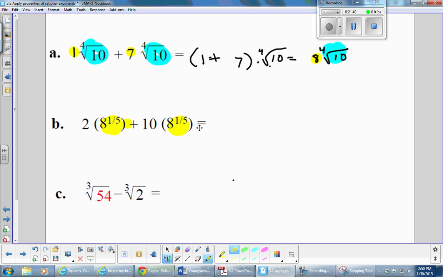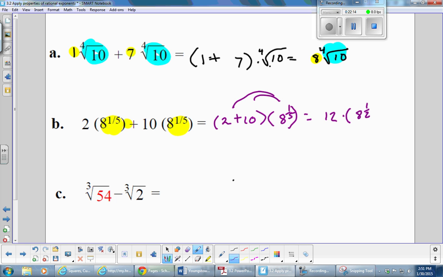So what I can do is rewrite this expression as 2 plus 10 times this thing, which is 8 to the 1/5, because I didn't break any rules. I'm allowed to do that. You can check it. If you distribute this back in, you'd be right back to where you started. Well, 2 plus 10 is 12 times 8 to the 1/2 power, and you're done.